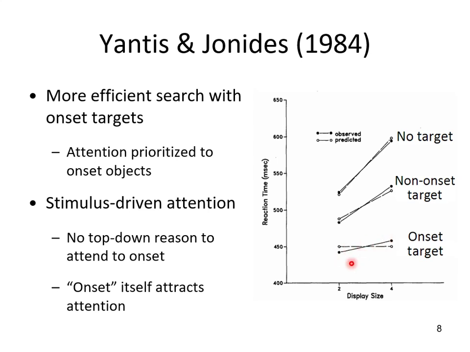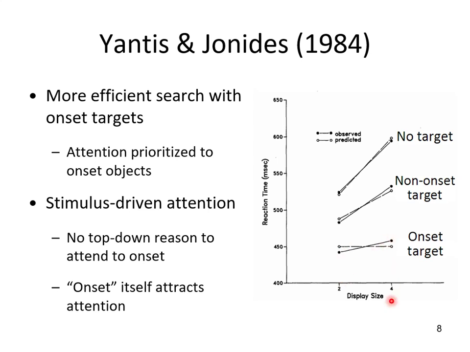So it becomes faster, and it is also not dependent on the number of items. No matter whether you have 2 items in total or 4 items in total, perhaps because it's eye-catching, you will go to this item first. If it happens to be a target, it will get detected immediately.